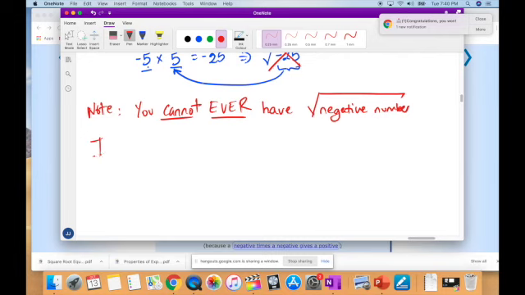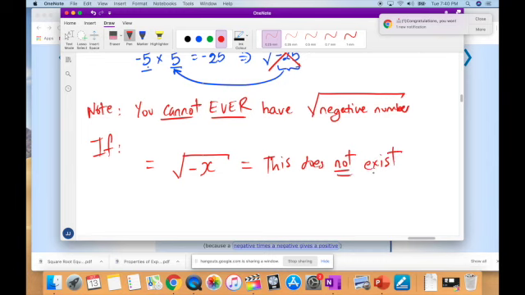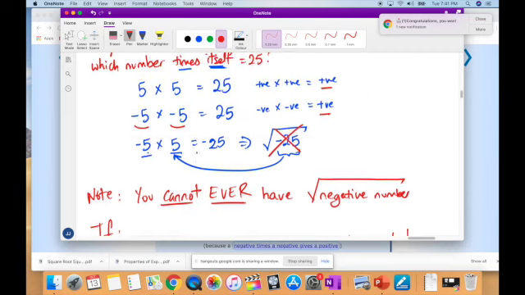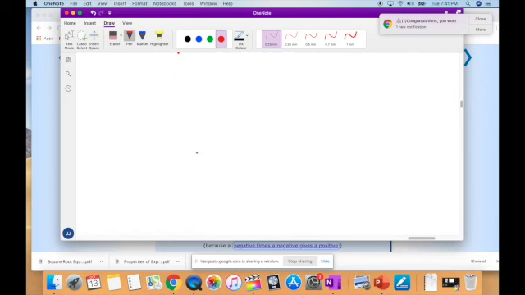So if you were doing a question and that question gives you an answer of a square root of negative x, for example, you are supposed to say that this does not exist and therefore there is no answer to this question. Does everybody understand?